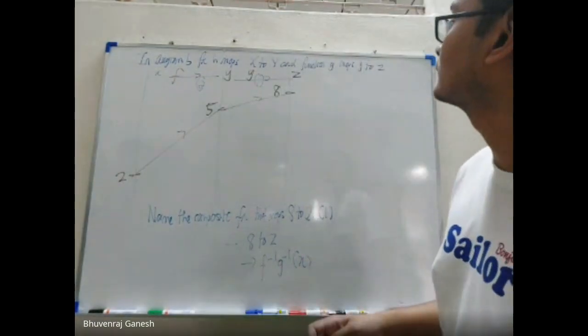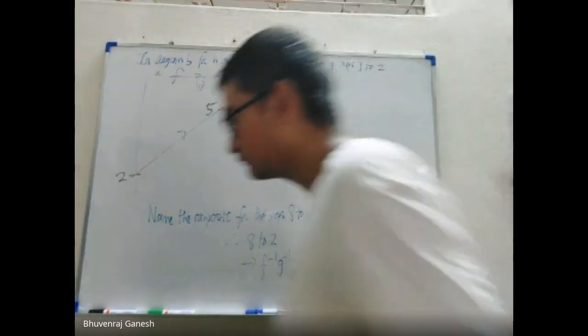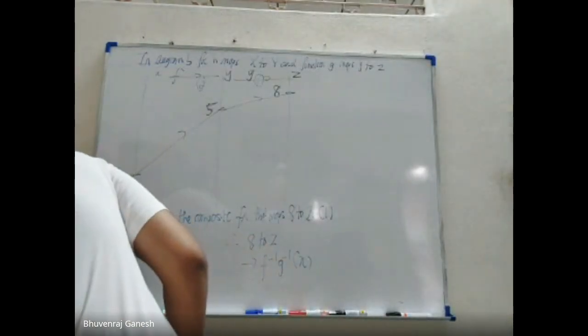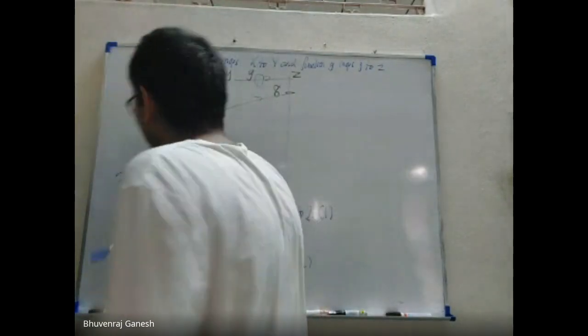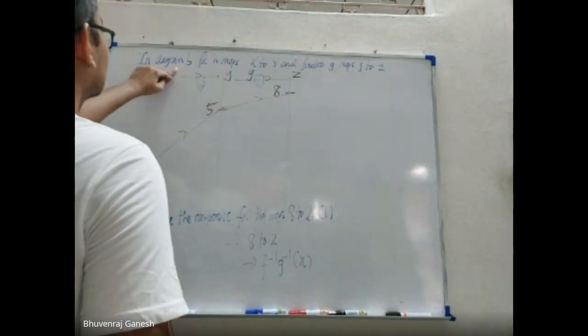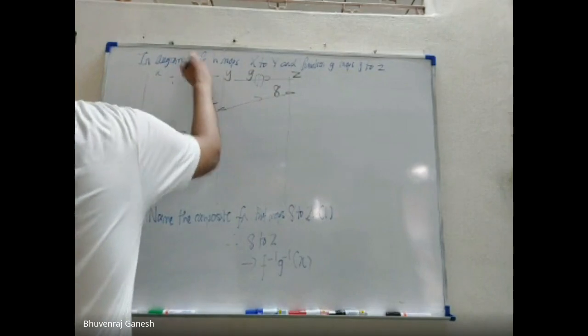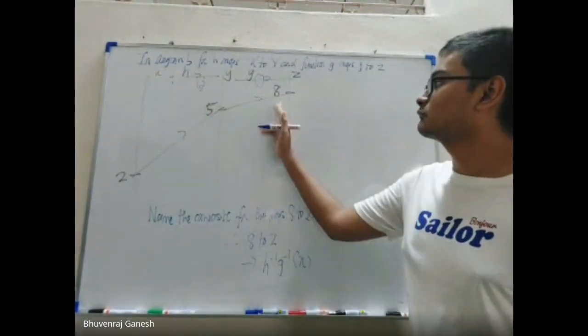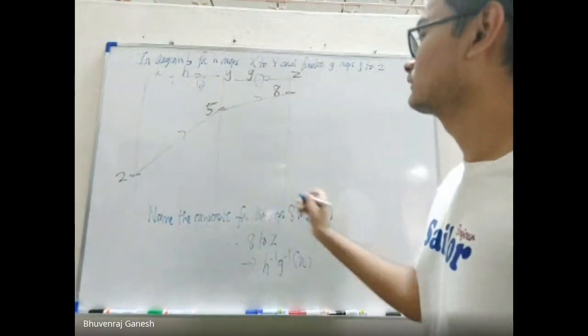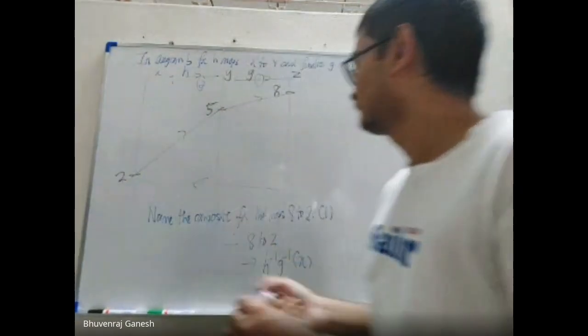Yeah, this one's supposed to be h, sorry, this one's function h. So it's h inverse g inverse x. So this one first, then proceed to this. So that's how you reverse the whole thing to this side. So that's your 1 mark.